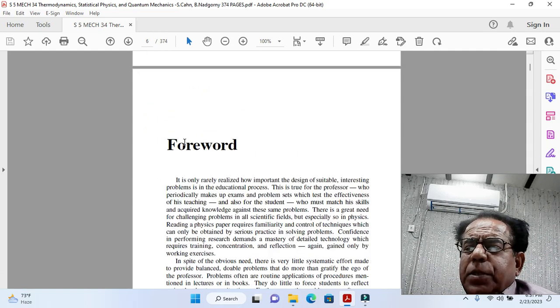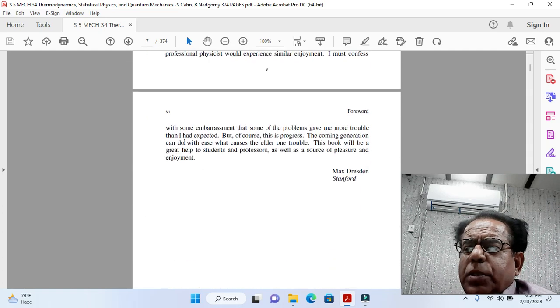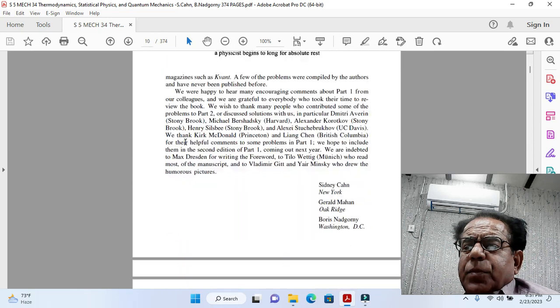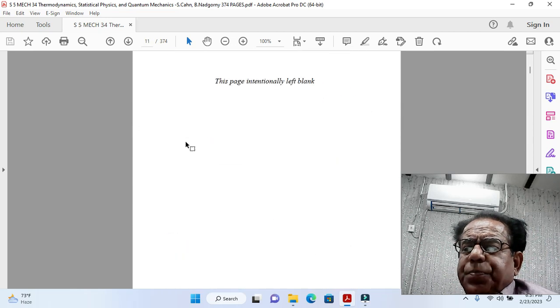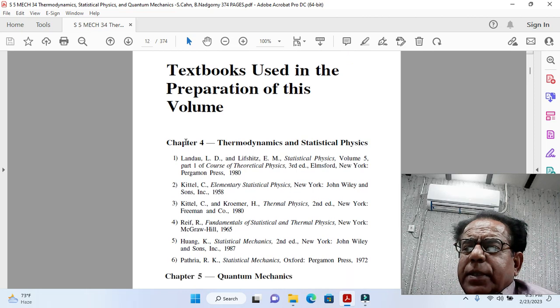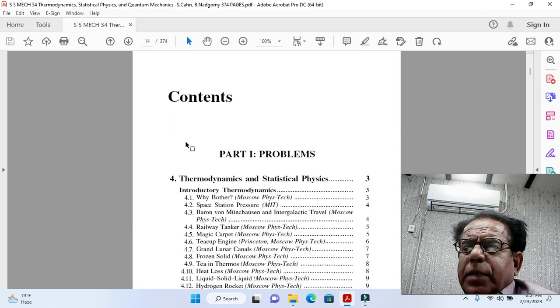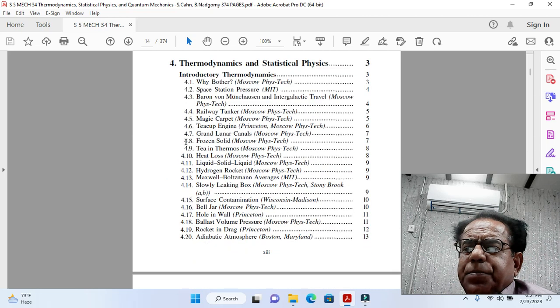This book was published in the year 2004, reprint of 1997. Now we come towards its contents. Thermodynamics and statistical physics.